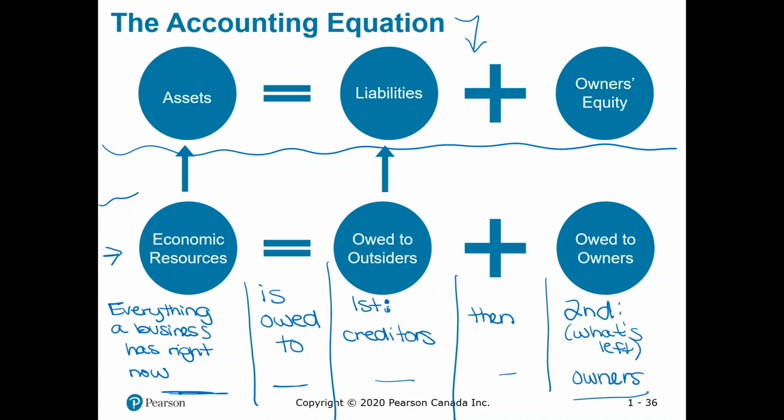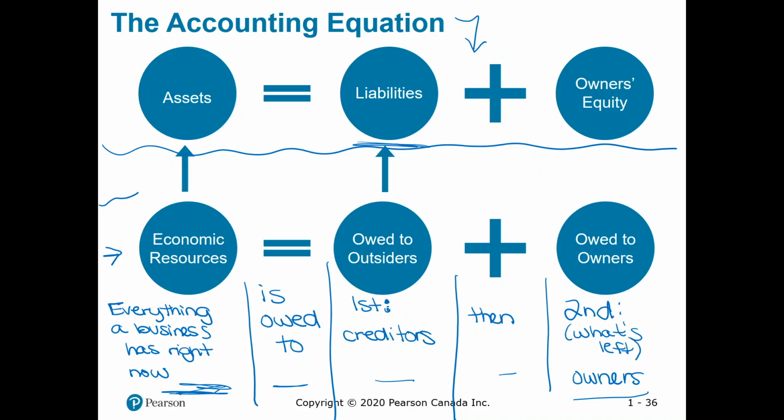So if you think of this, say a business decided to close their doors and shut down right now. They would turn all of their assets into cash. So they'd sell their land for cash, they'd collect their AR for cash. So everything they have is now cash. The first thing they would do is pay off all of their liabilities to their creditors.